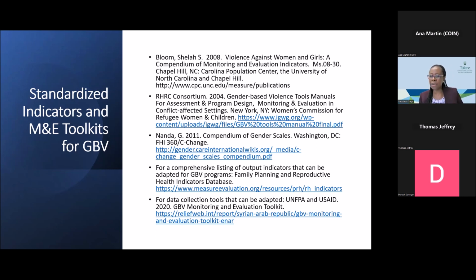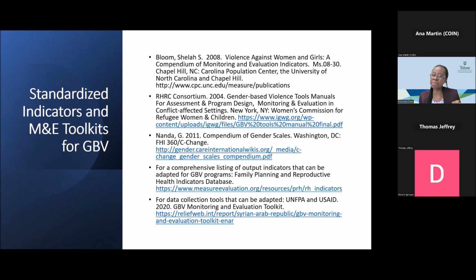Sometimes it's hard to find output indicators. And the Family Planning and Reproductive Health Indicators database actually has a lot of indicators, even for training, behavior change communication, that one can adapt for gender-based violence programs, even collaboration and coordination.